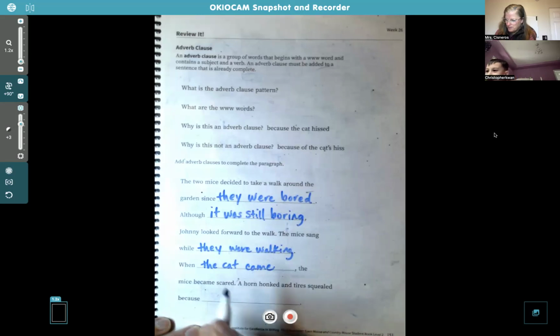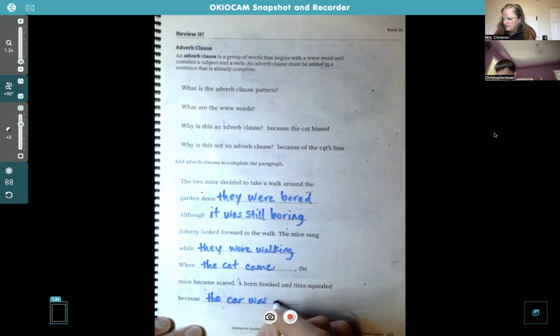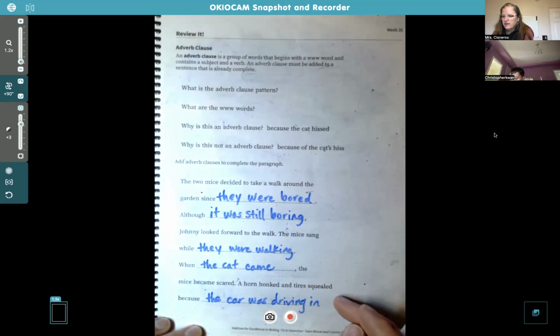Because a car was driving in. Yeah. Okay. And maybe instead of in, we could say on the road. That makes a little more sense than just in.